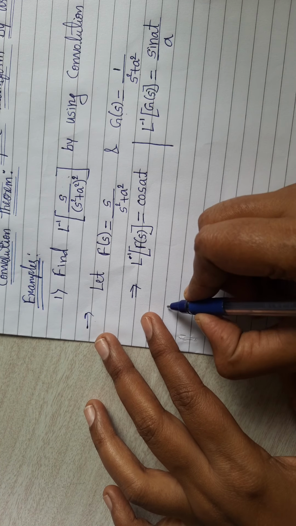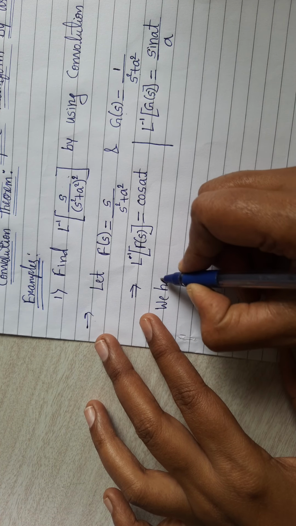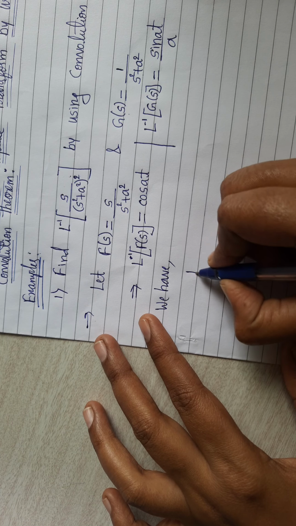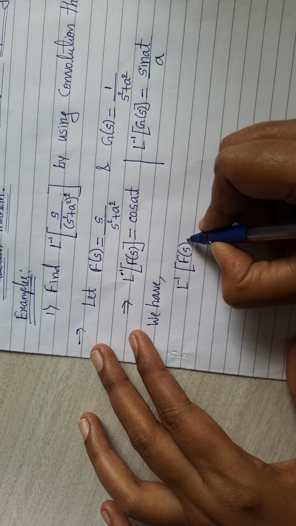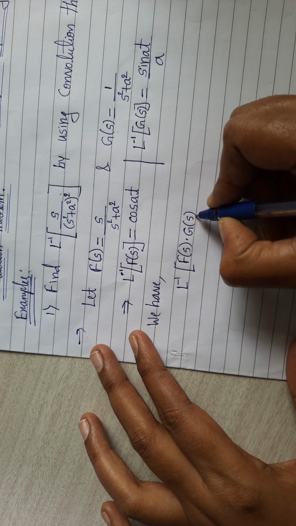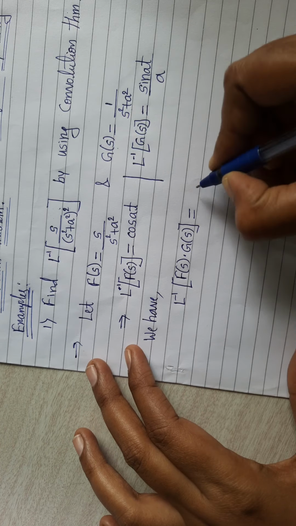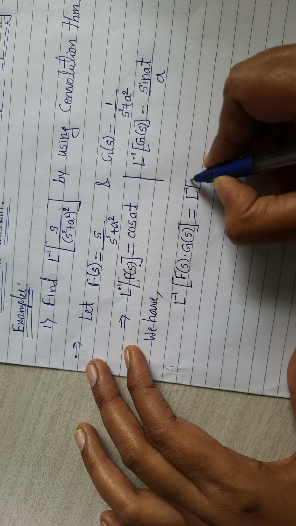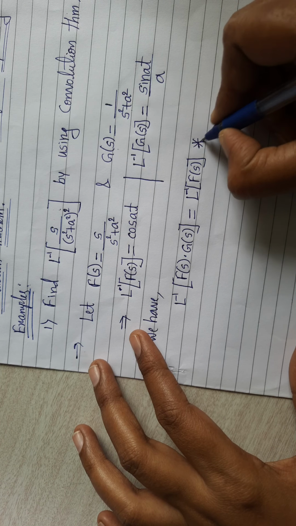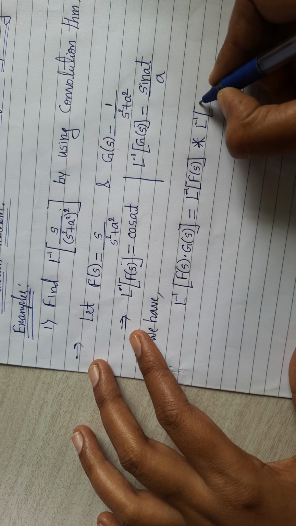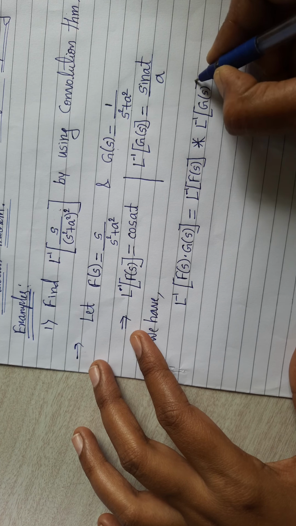Next, we have L inverse of f of s into g of s. This can be written as L inverse of f of s star L inverse of g of s.